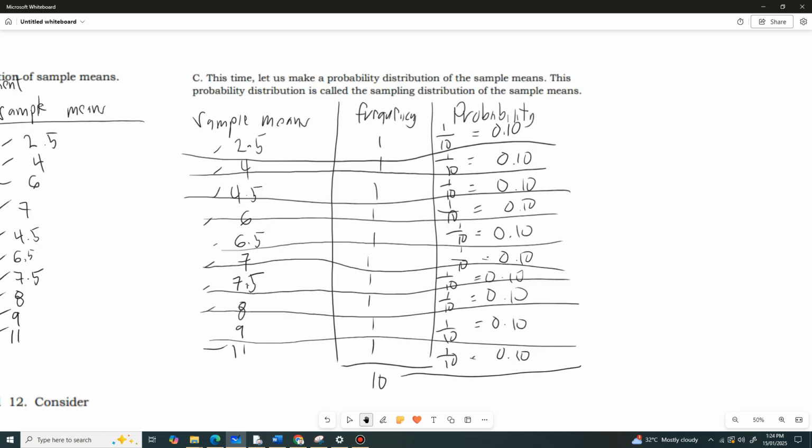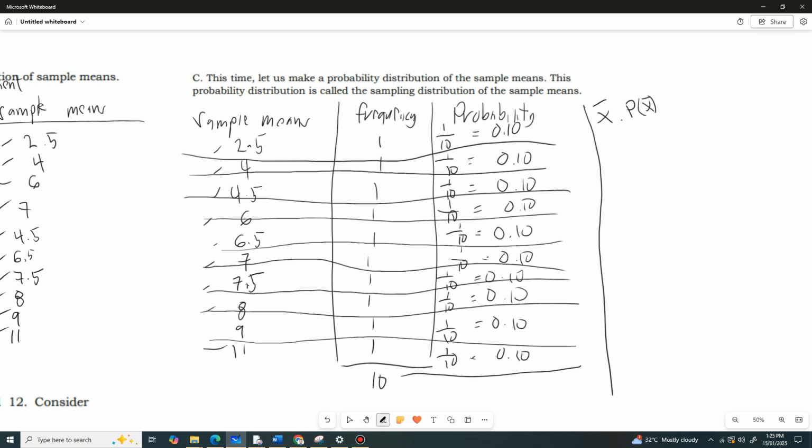Now for our next example, we will get the mean, or the expected value, of the sampling distribution of the sample means. We will use the sampling distribution of the sample means here. So this is for letter C, and then we will add a column called x bar times p of x bar.